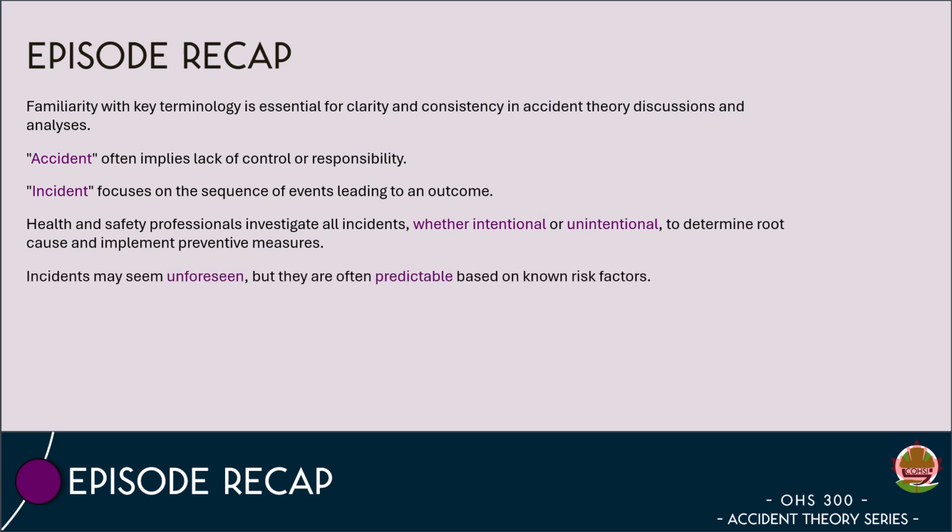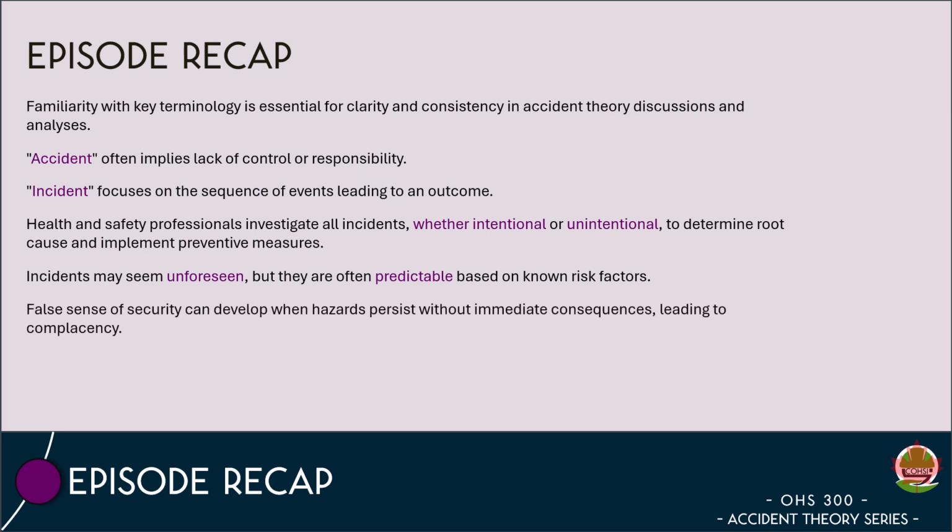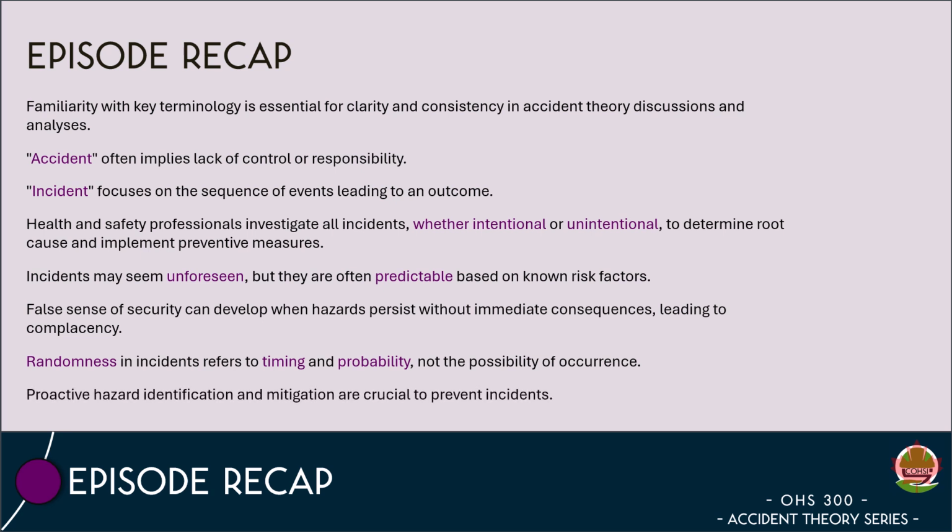While incidents may seem unforeseen, they are often predictable based on known risk factors, and a false sense of security can develop when hazards persist without immediate consequences. Randomness relates to timing and probability, not the possibility of an occurrence, emphasizing the importance of proactive hazard identification. Professionals play a key role in preventing incidents by addressing hazards early, ensuring safer workplaces, and fostering a culture of risk awareness and accountability.